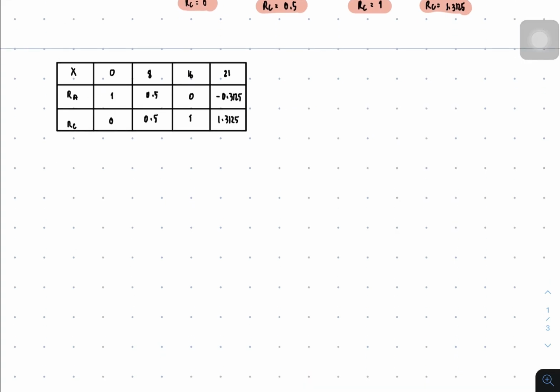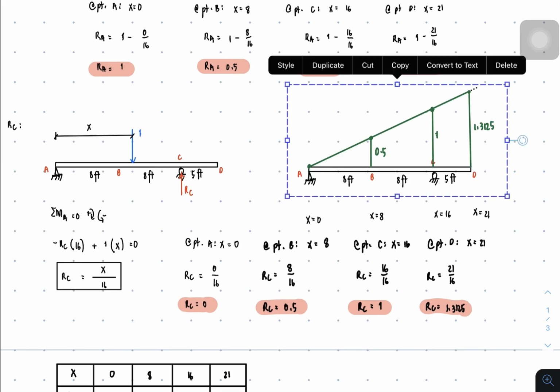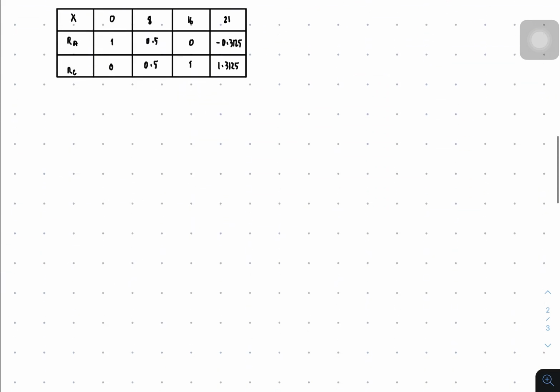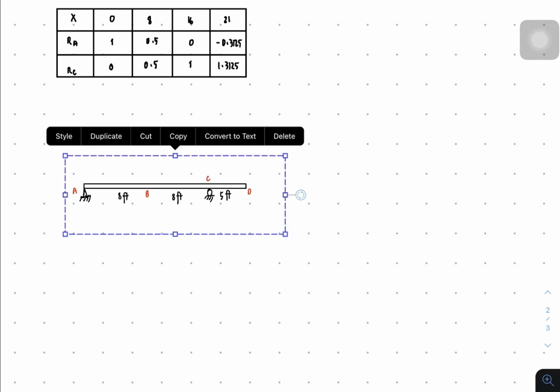Okay, so I don't have a beam, so let's copy this beam. So I'll just erase some, and copy again.